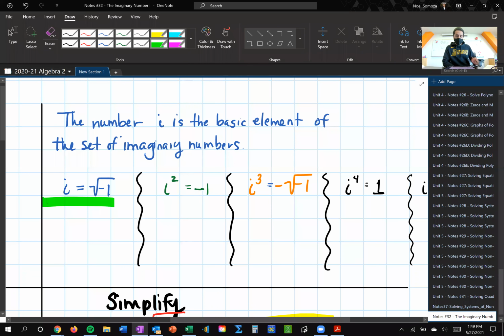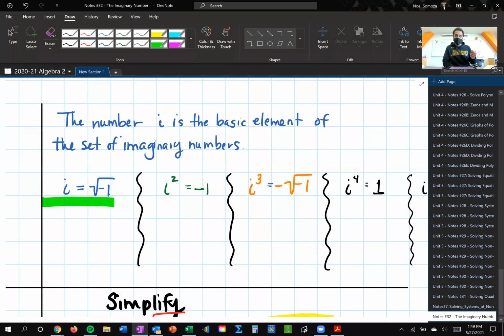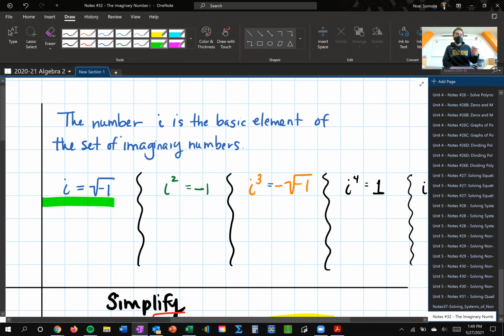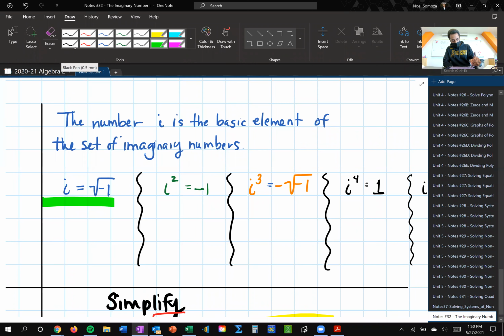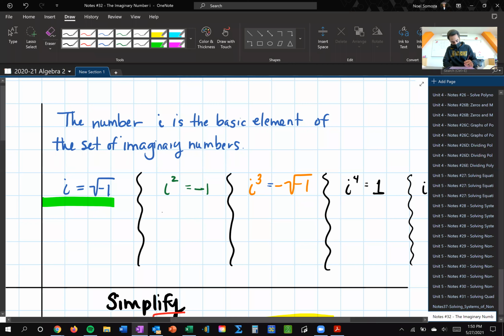When we learn about i, we also have to learn about what happens if we take i to certain powers, such as the power of 2 or power of 3 or power of 4. i squared is a different value. i to the third is a different value. i to the fourth is a different value. But here's the reason why. If we take i, and we know that i is equal to the square root of -1, how do we get i squared?